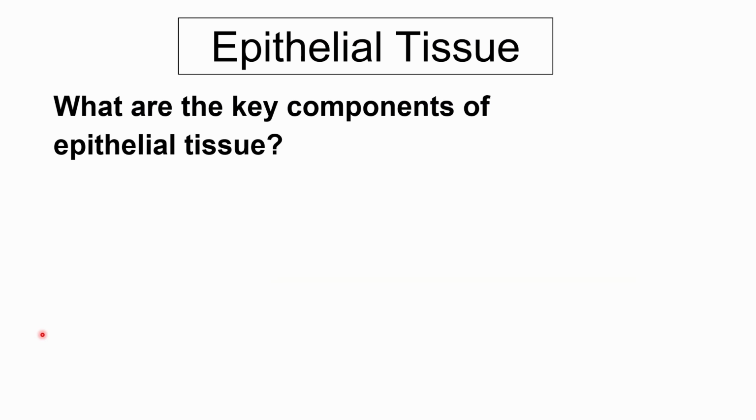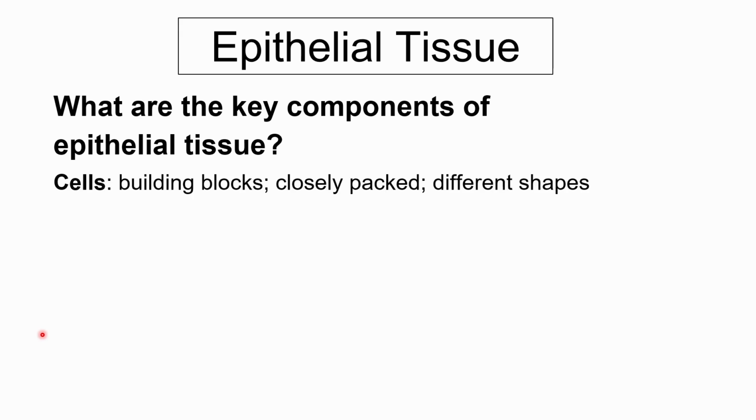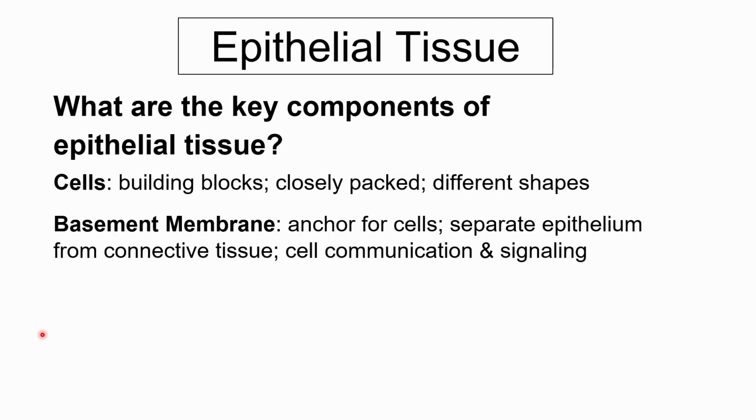So, the epithelial tissue is basically composed of, first, your cells, as with all other tissues, and second, it should have a basement membrane, which will basically contain all the cells. This basement membrane is a key characteristic of your epithelial tissue.